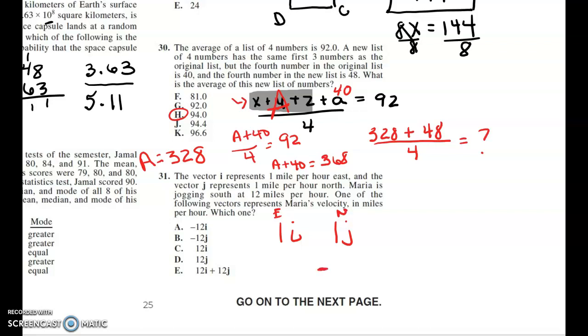And then they say 12 miles, so negative 12J, right? So your answer is B. East and west go together, north and south go together. So think of it like your actual grid, right? Up, positive, down, negative. Right, positive, left, negative.